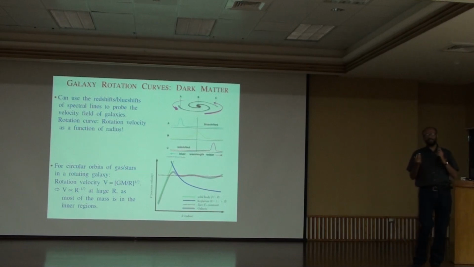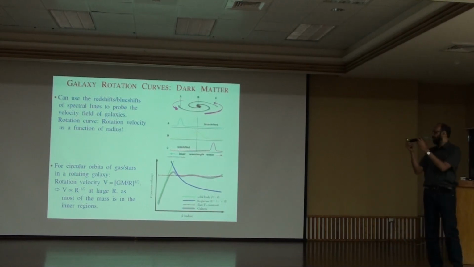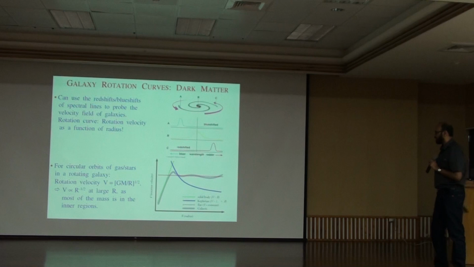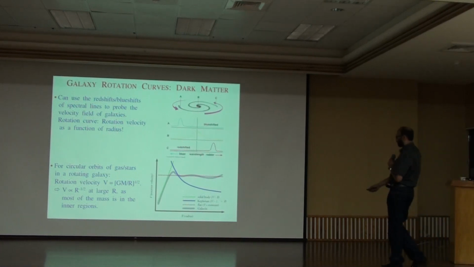So now for this I can write an equation relating the velocity to the radius. Theoretically, if I take a rotating object, I can show just by basic gravity that the rotation velocity should go like GM, M is the mass, G is the gravitational constant, divided by r, all raised to half. Right? That's Kepler's law basically.